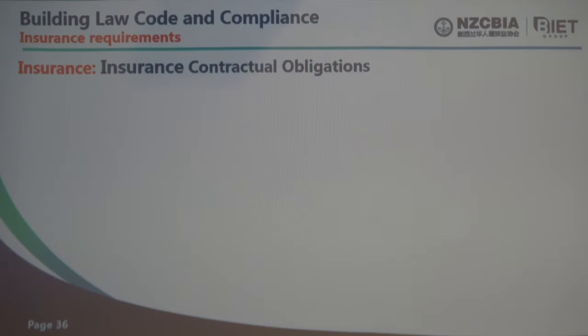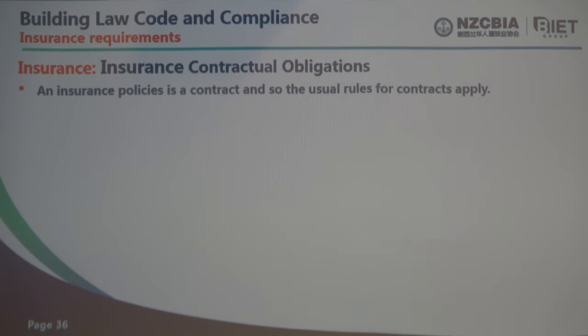Remember I said last time about progress payments, it's not about the value of the work done, it's about the value of the work to complete. That's important to the owner. I have to retain enough money to complete my project. If something happens, an accident happens, I want enough money to be able to finish my project. Okay, so that's generally expressed in the contract.